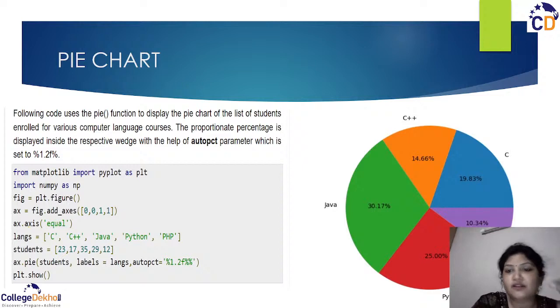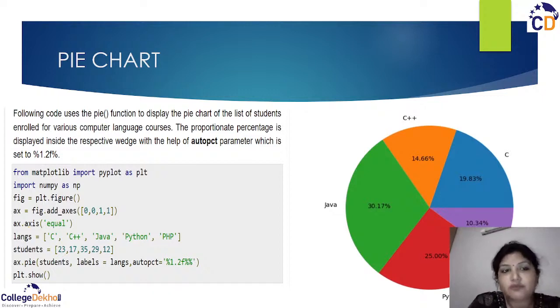So you are putting the different categories, that is language, then putting the labels. In labels you are giving the languages. So languages is specifying the different categories. Then autopct. What is autopct?